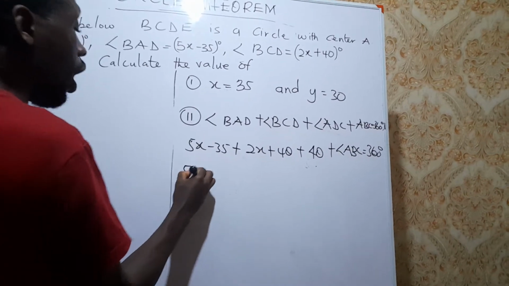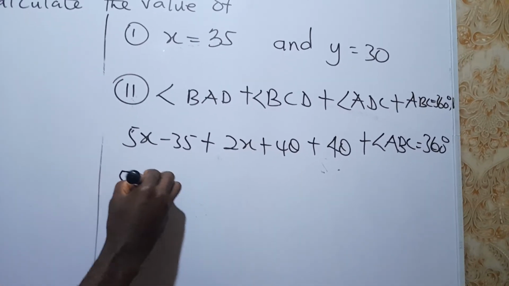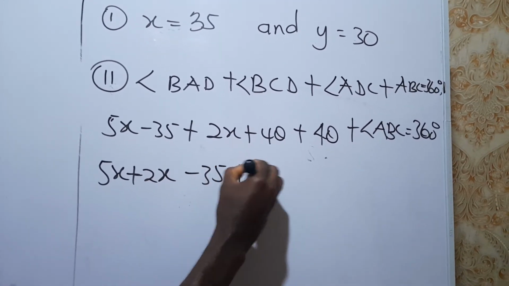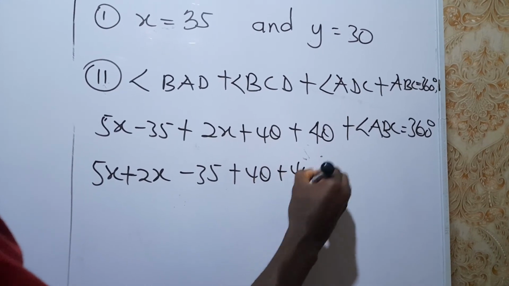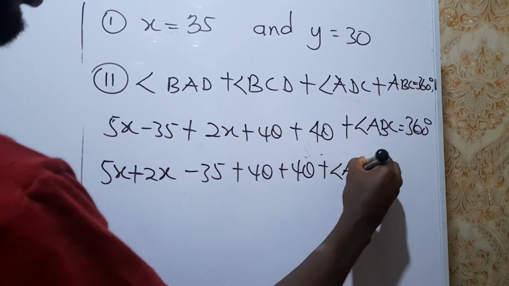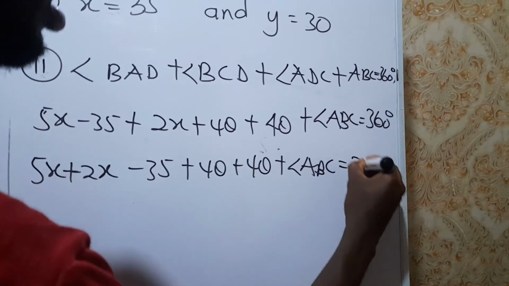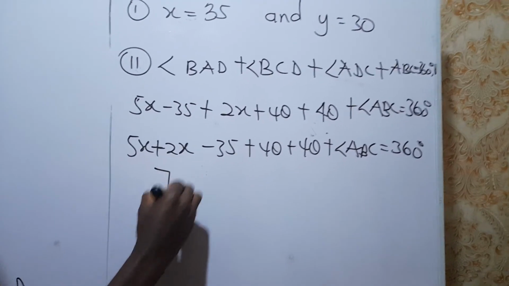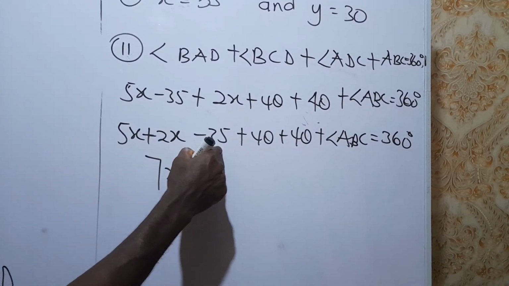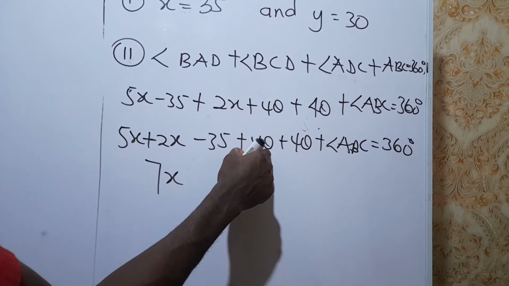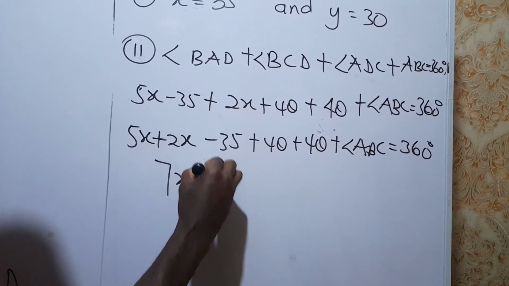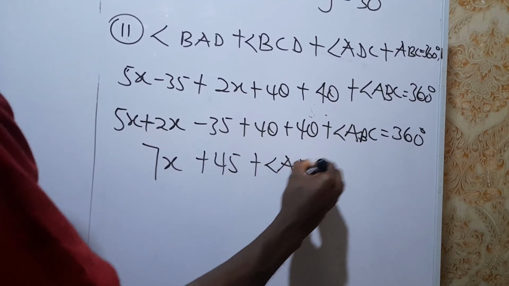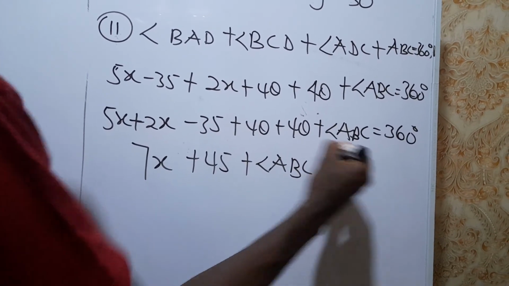So we have 5x plus 2x, then minus 35 plus 40 plus 40 plus angle ABC should be equal to 360 degrees. So 5x plus 2x is 7x. Now negative 35 plus 40 is 5. Then 5 plus 40 will be 45. Then plus angle ABC is equal to 360 degrees.